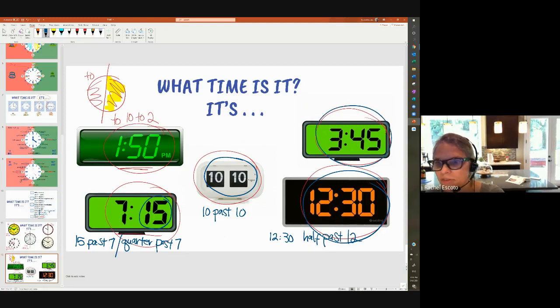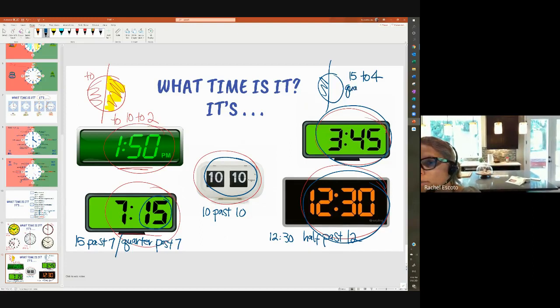And this one is 3:45. Is this going to be on the past side or the to side? It's over here on the to side. So this is 15 to 4 or quarter to 4.